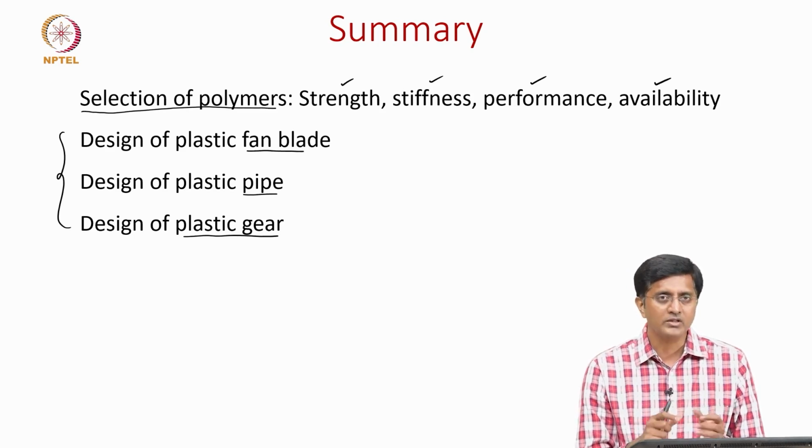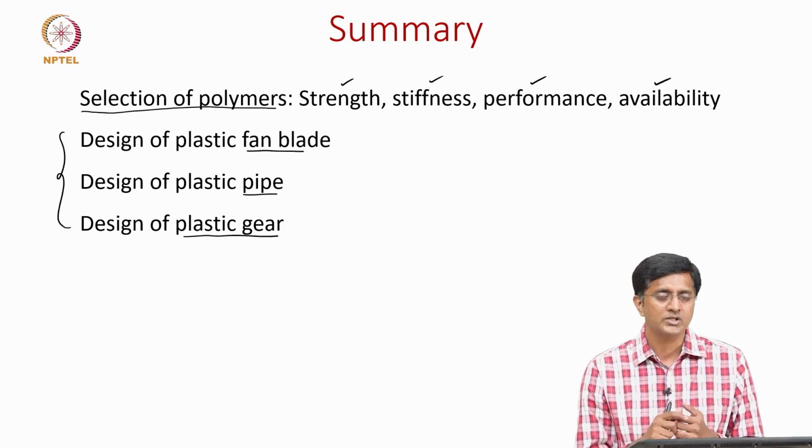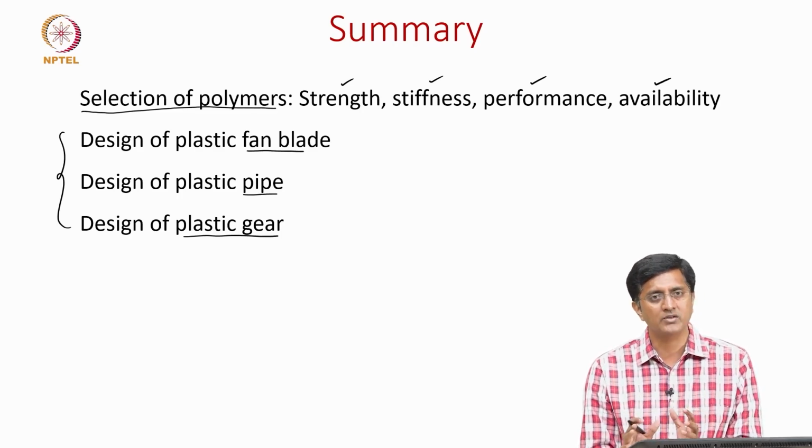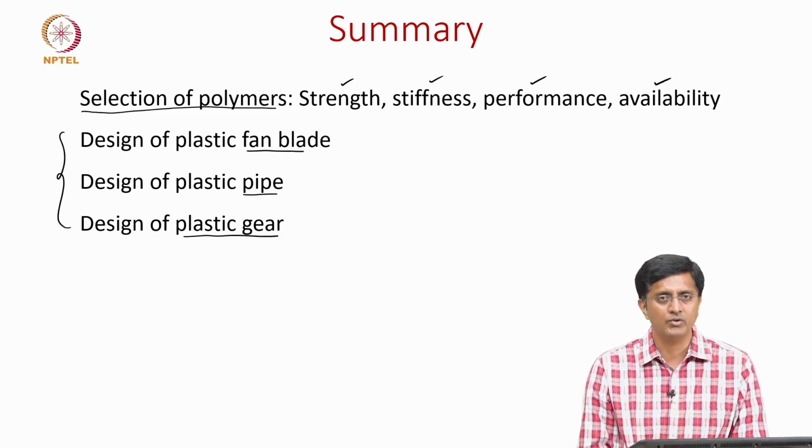And in the final week, week 5, we looked into how to characterize these polymers using instruments called DMA, dynamic mechanical analysis. And in this video, we also showed a few selection criteria as well as design principles. With this, we are concluding the polymers part of the course, and in the next video, we will start discussing composites. Thank you.